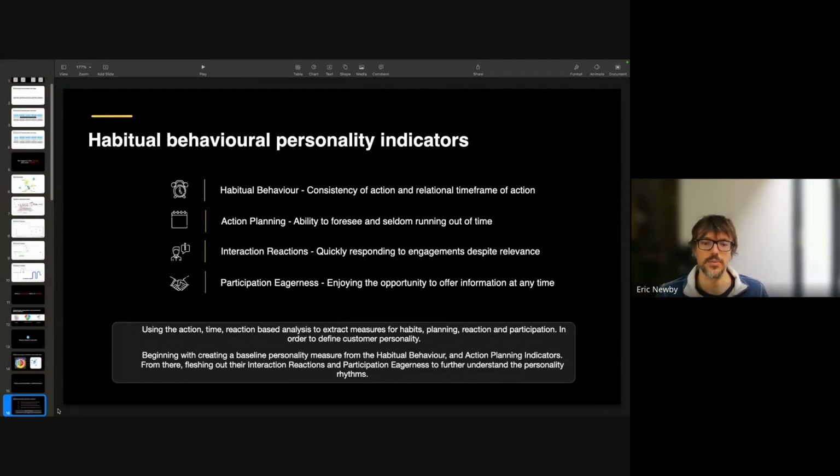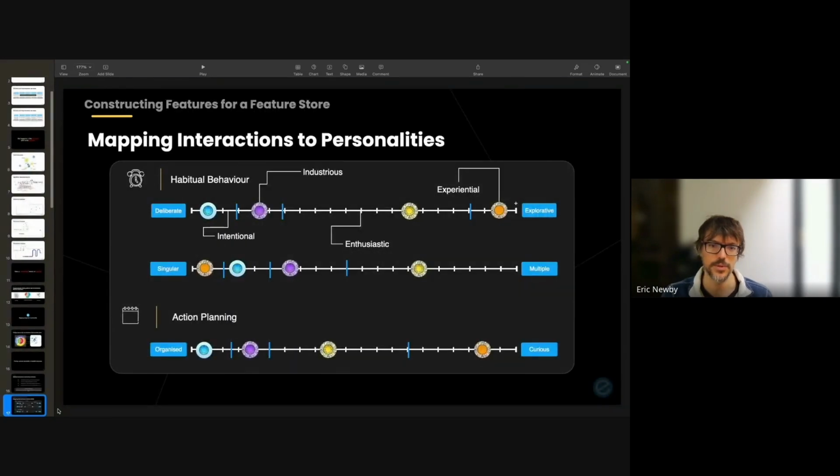So those are some examples of the first step that we'd have: take data, find in that data indications of human behavior, and then map that onto your personality construct.